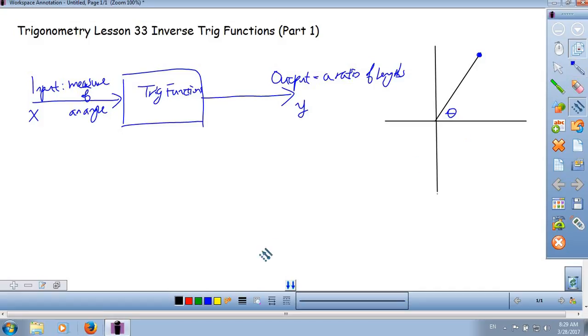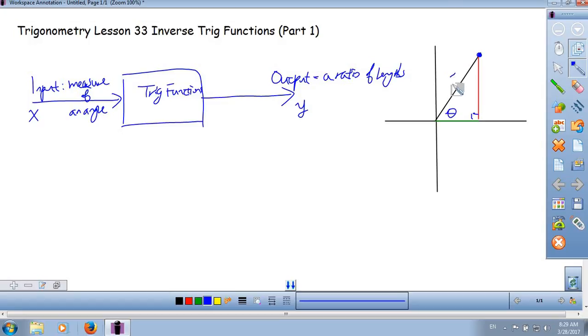So the sine, cosine, tangent are all ratios. They're the ratio of the opposite side over the adjacent, or the adjacent over the hypotenuse, or the hypotenuse over the opposite or over the adjacent. So it can be different situations.